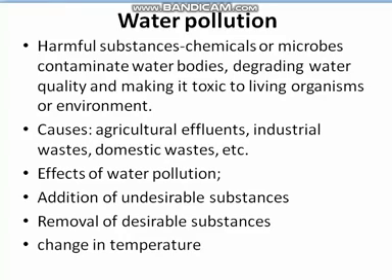So when harmful substances, be it a chemical or a microbe, are added to the water bodies, we say water is polluted. Now let's talk about the causes of water pollution. The main causes of water pollution are agricultural effluents. You already know that we use different fertilizers in our crop fields: fertilizers, insecticides, pesticides.